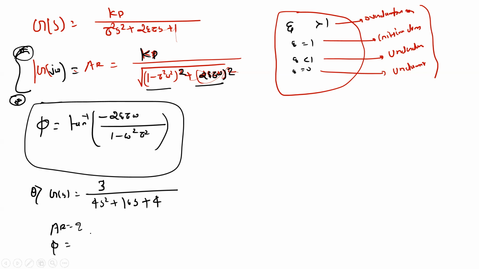This is a second order transfer function, right? You just have to understand that this is the amplitude ratio, this is phi, and what is the value of tau, omega, and zeta. If I am telling you omega is equals to 0.1, calculate the value of tau and zeta, phi and amplitude ratio.